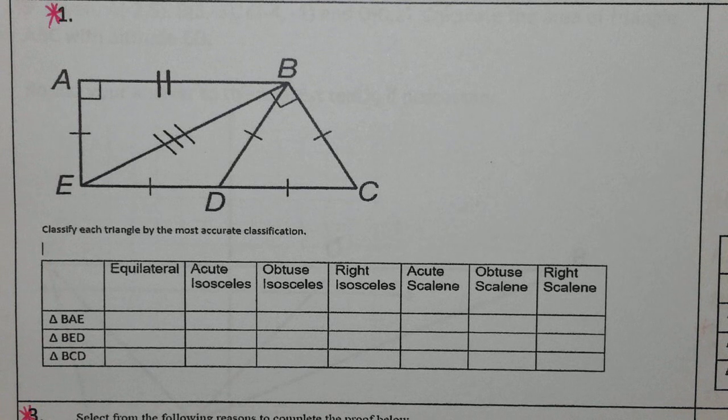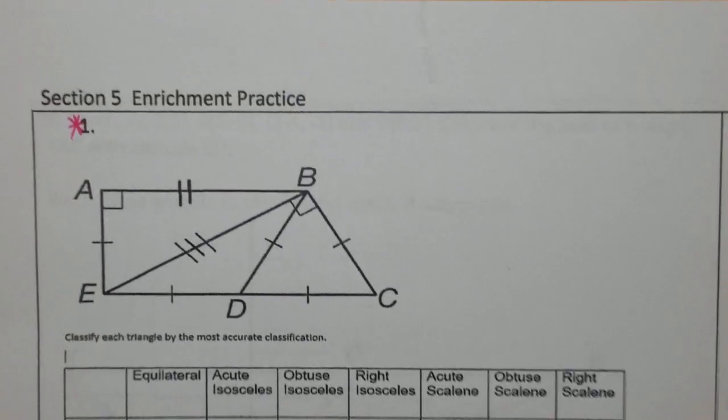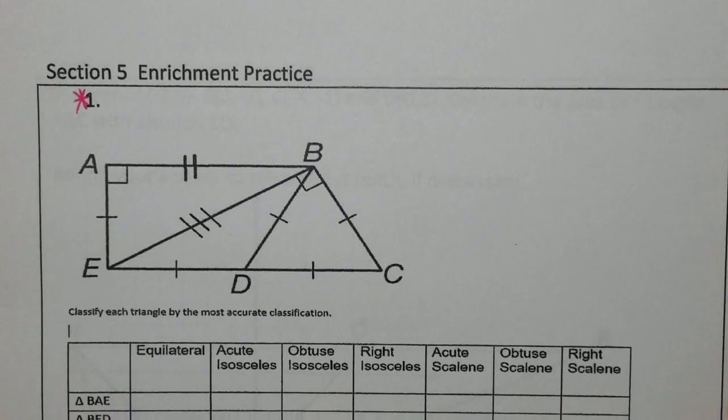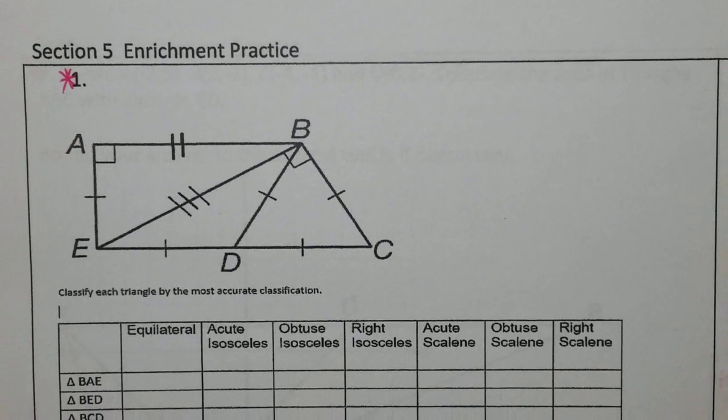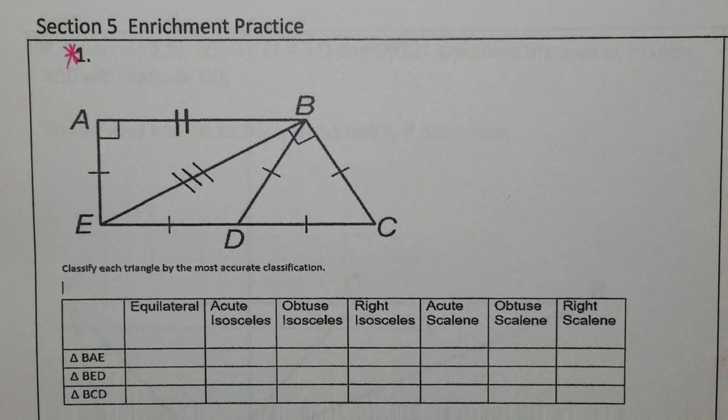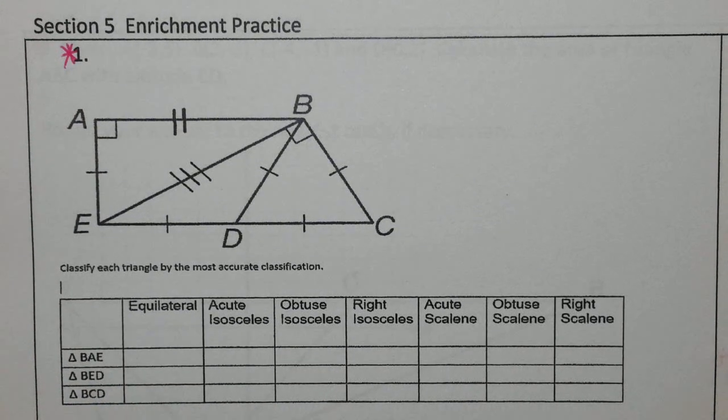All right, this is our Section 5 Enrichment Practice, which was given and worked on all day in class Friday. If you missed our last day of school, which was Tuesday, you did not get an opportunity to go over the answers.